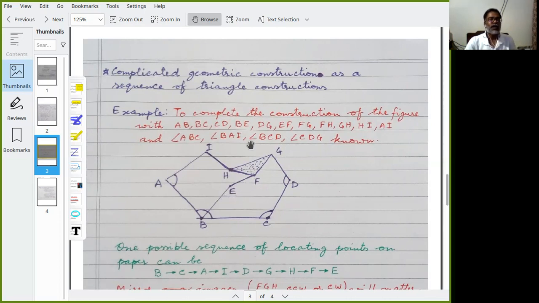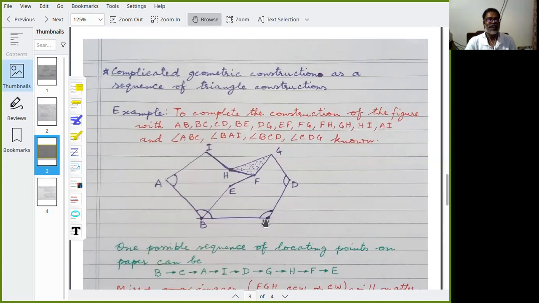And angle BEF is not known. So now, how to construct that with these things, whatever is visible in the drawing? One possible sequence of locating the points on paper, and equivalently in a computer program, could be: first locate B and C, because that is basically the position of the entire diagram on the paper.